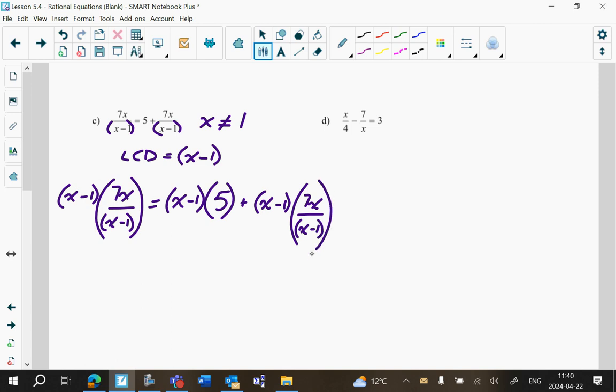So the x minus 1's cancel in both of them. So I am left with 7x on the left side. What is x minus 1 times 5, or 5 times x minus 1? 5x minus 5, and then I've got another plus 7x.